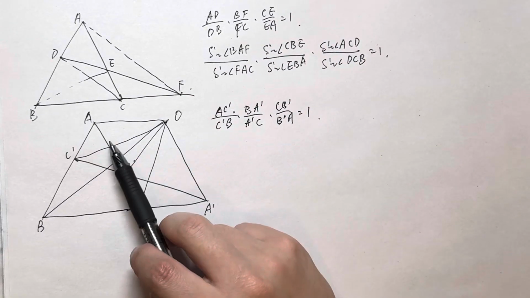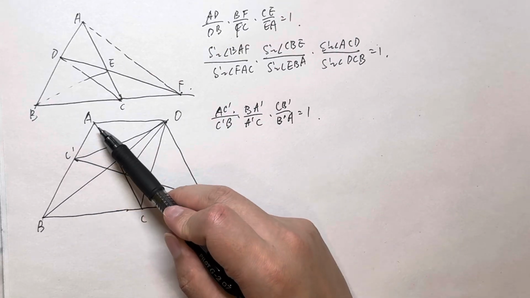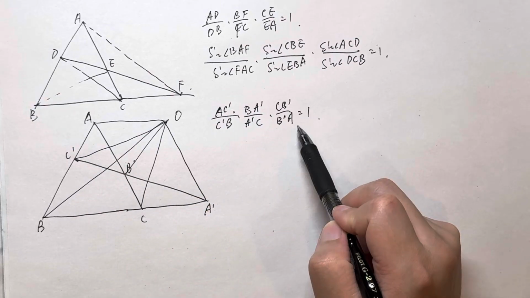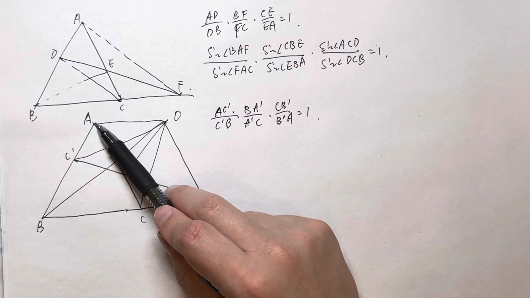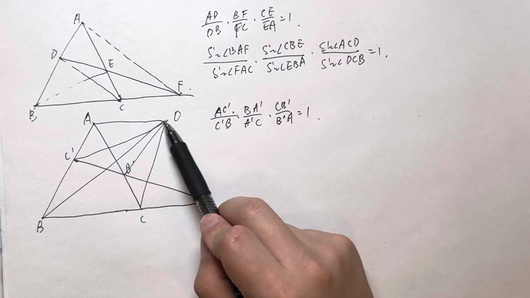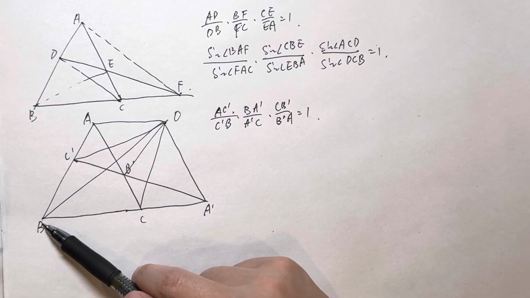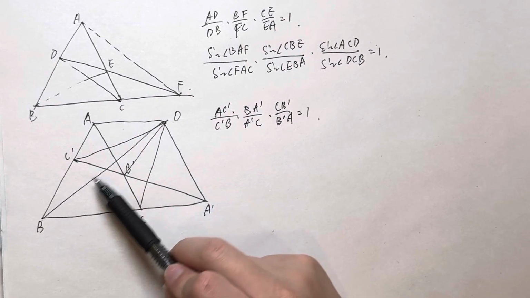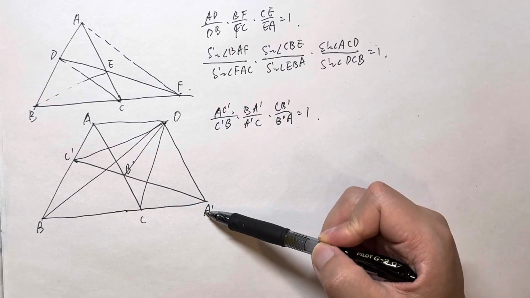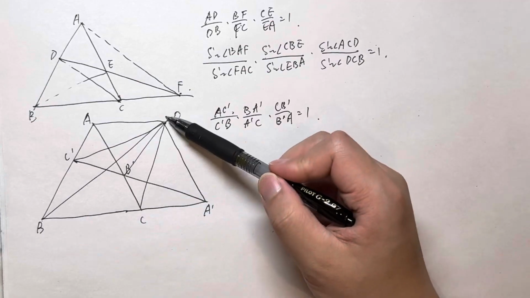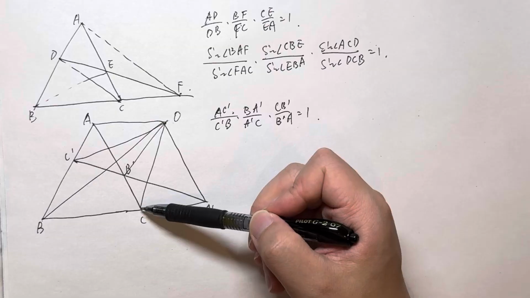Based on this, we can transfer these segment ratios to triangle area ratios. The AC' to C'B becomes AO to BO, similarly BA' to A'C becomes BO to CO, and the next ratio would be CO to AO.